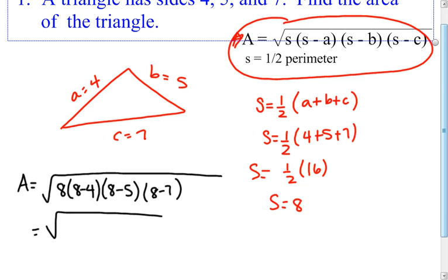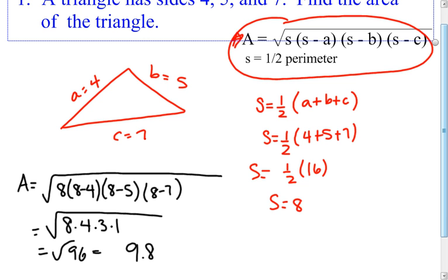If you want to simplify it a little bit more so that you get 8 times 4 times 3 times 1, that is fine too. However you want to do it, it doesn't really matter. You should come out to get the square root of 96, which is 9.8, and decimals are fine here.